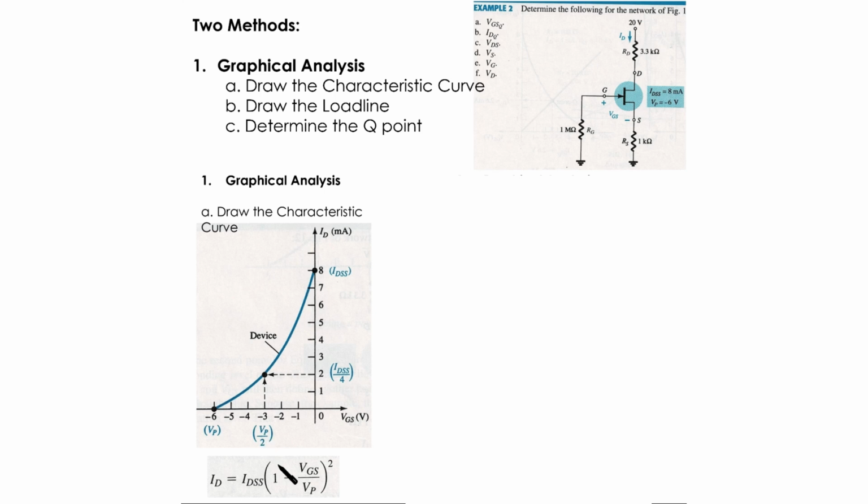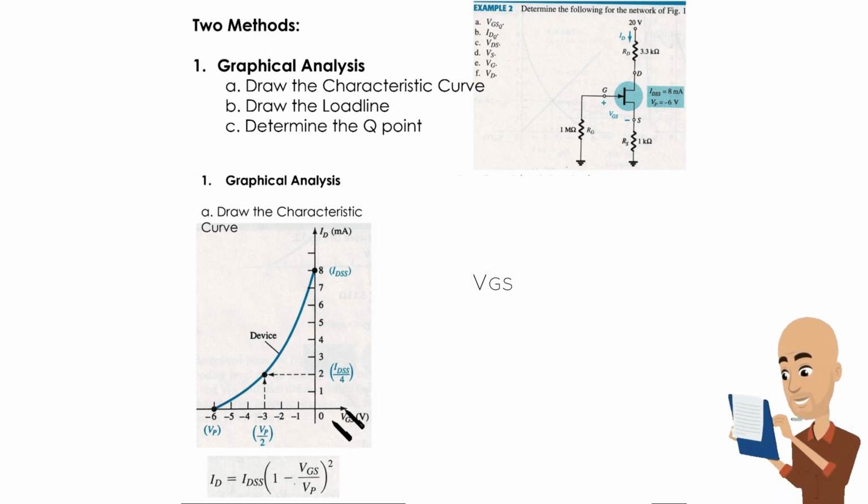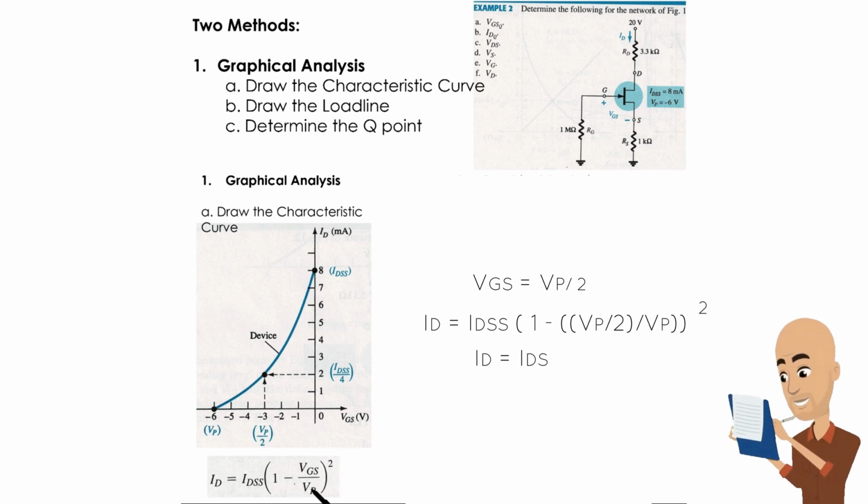So let's say that VGS is 1 half of VP. So we have here VP over 2. If we substitute this value of VGS here, which is VP over 2, then VP over 2 over VP will be equal to 1 half. 1 minus 1 half will be equal to 1 half. 1 half squared will be equal to 1/4.